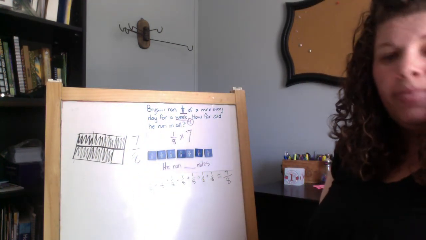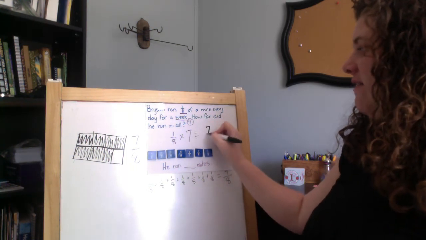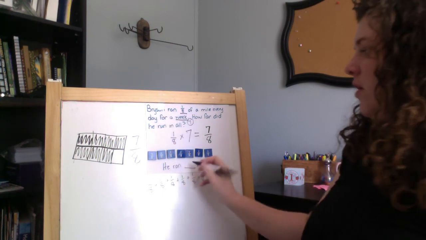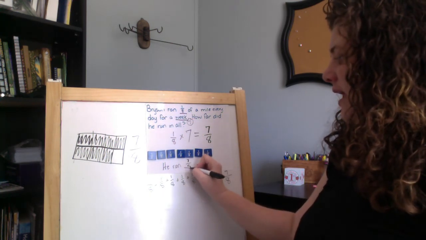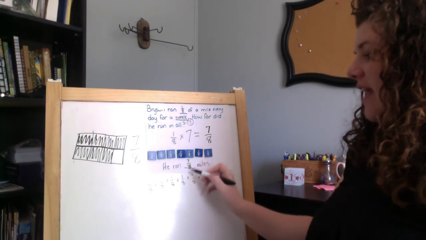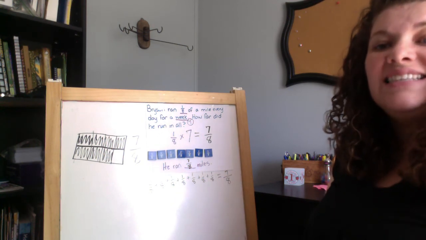So 1/8 times 7 is 7/8. He, Bryson, ran 7/8 miles. You may also see this, he ran 7/8 of a mile because 7/8 is less than 1 whole mile.